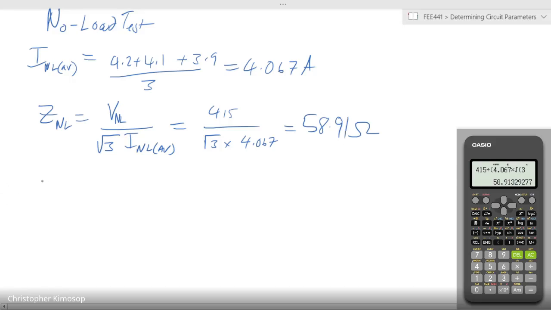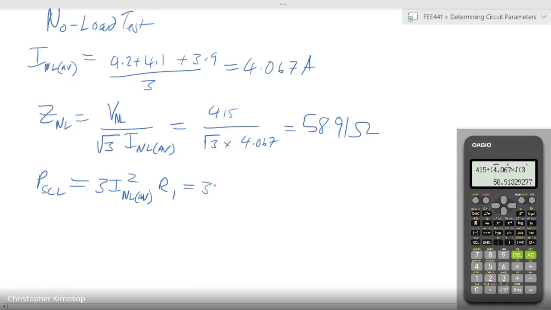Next, we look at the stator copper losses, which we can calculate from up there. These will help us to get the rotational losses. The stator copper losses are given by 3 times the current at no load squared times R1, which we have already established before.